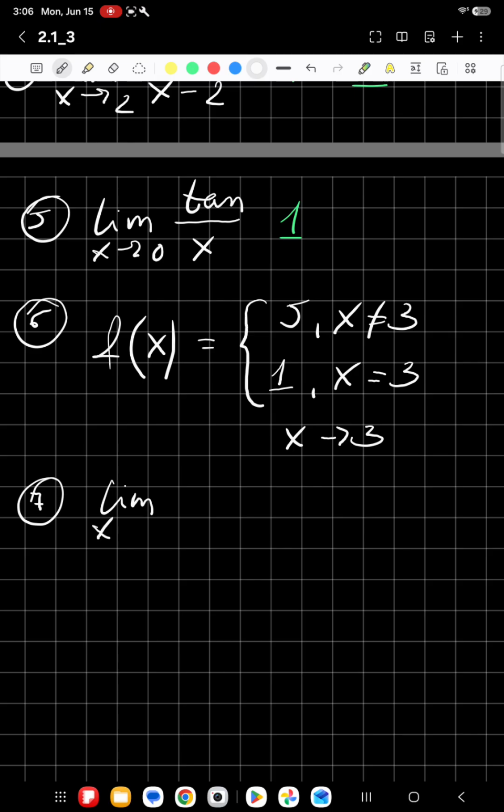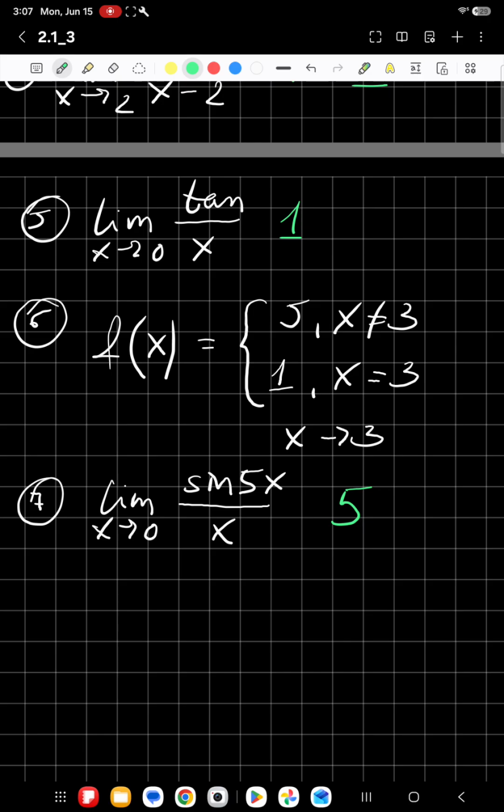The limit as x approaches 0 of sine 5x divided by x. The answer for this one is 5. There's a little bit of work you can show, but not much.